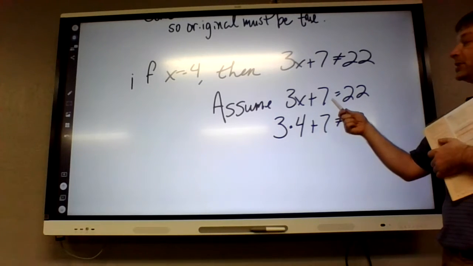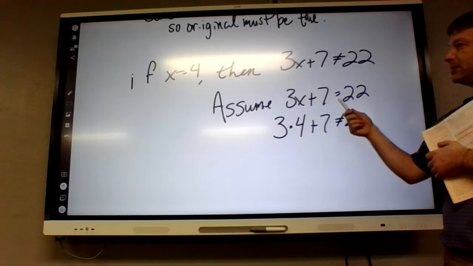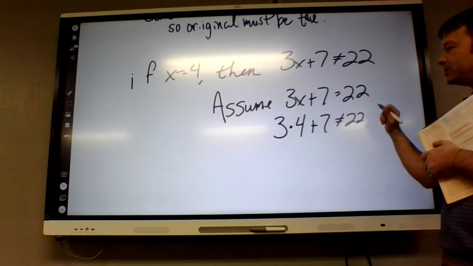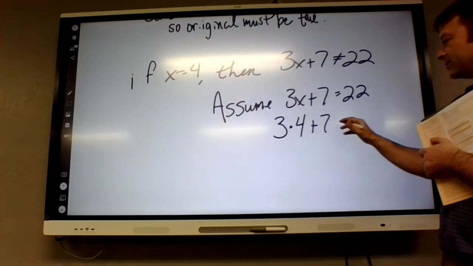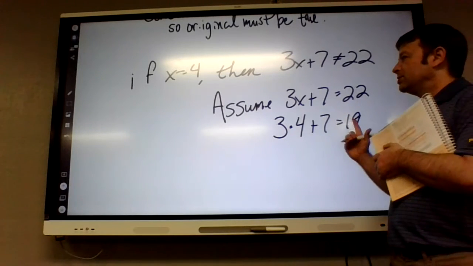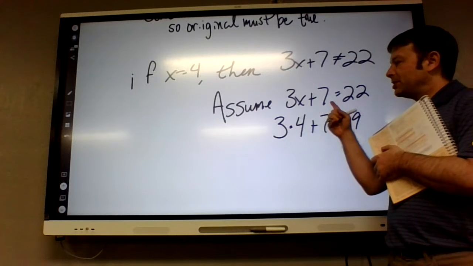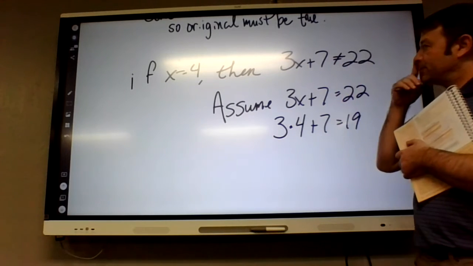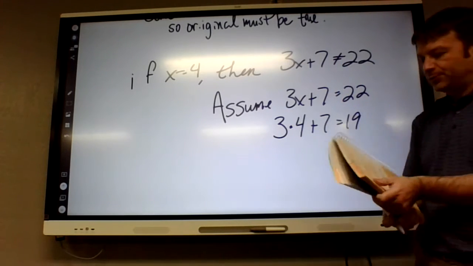Therefore, that's a contradiction to our assumption, and the original statement must be true. 3 times 4 plus 7 equals 19, which contradicts our assumption, therefore the original statement 3x plus 7 is not equal to 22 must be true.